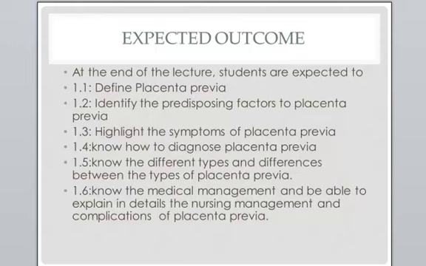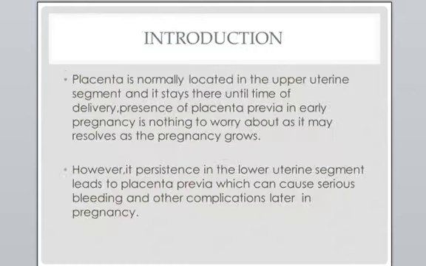Then know the different types and the differences between each type of this condition. Then know the medical management. Students are supposed to know how to manage the condition as nurses. So we'll explain in detail the nursing management and the complications of this particular disease condition. I hope you are clear.